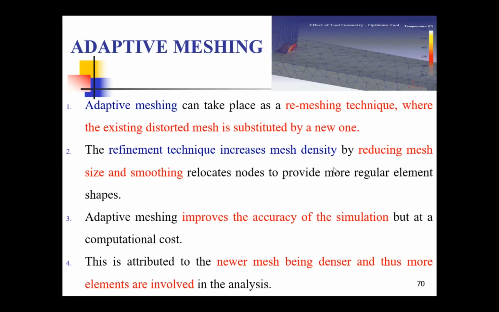Here also you can see at the contact point, dense meshes can be seen. Here it is a larger one, but as this tool progresses, it becomes denser. The coarse meshes will tend to become fine meshes.